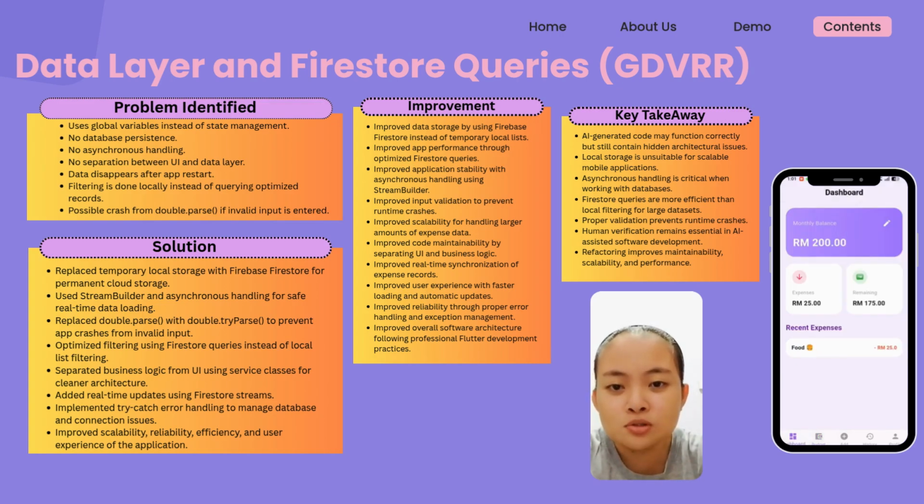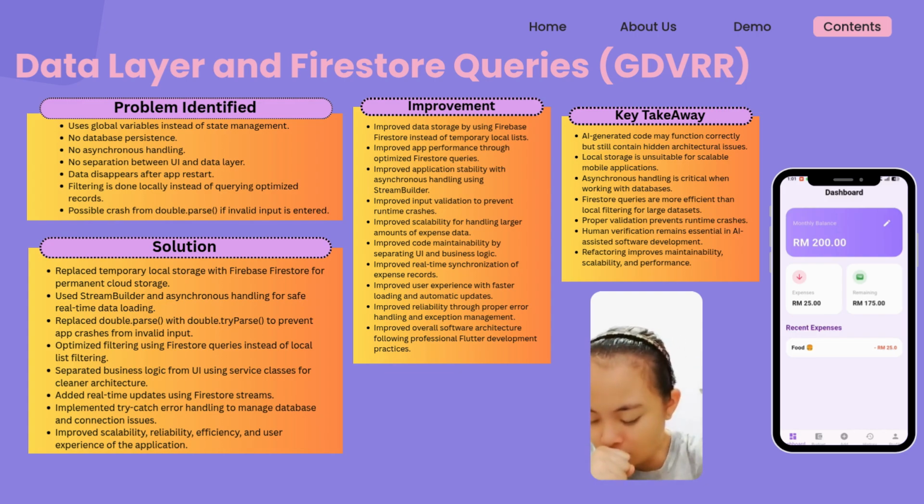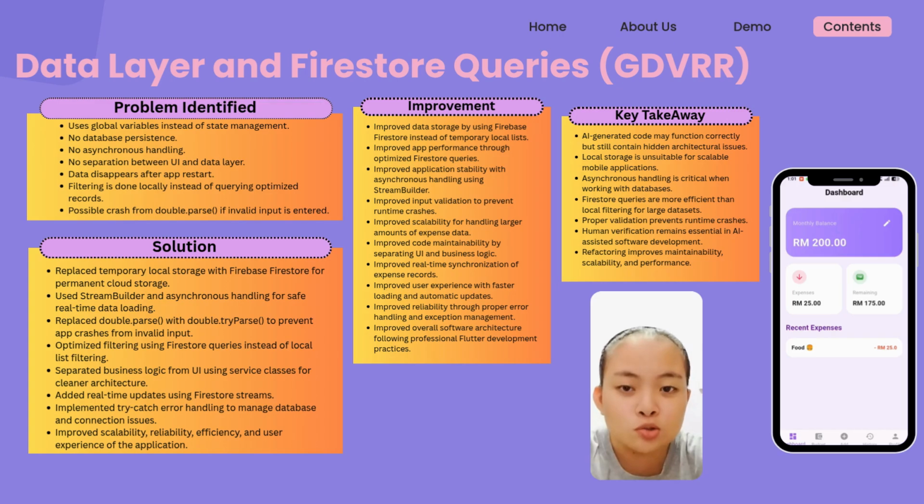The filtering process was also optimized using Firestore queries so the app only loads needed expense records, making it faster and reducing memory usage. In addition, the business logic was separated from the user interface using service classes to make the code cleaner and easier to maintain.